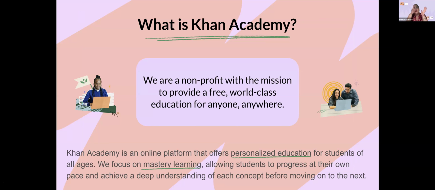Grades 2nd and up is the platform that we're going to be exploring today. We also have Khan Kids available as an app for our little ones. And we do focus on mastery learning, allowing students to progress at their own pace and ensuring that they fully understand each concept before moving on, because our goal is to empower learners and help them reach that grade level mastery and beyond.